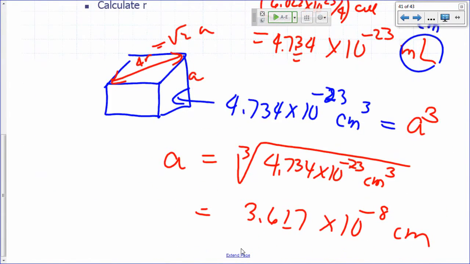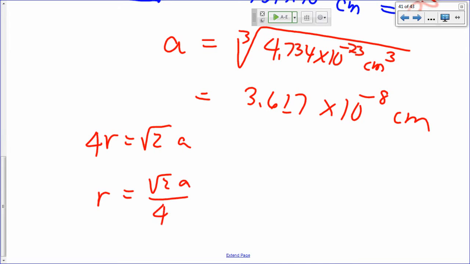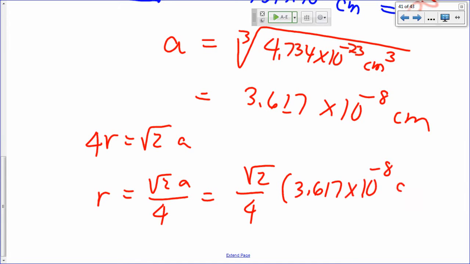So 4r is square root of 2a. So what's our radius? Square root of 2a over 4. Square root of 2 over 4 times 3.617 times 10 to the negative 8 centimeters.